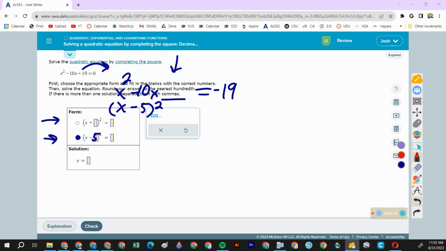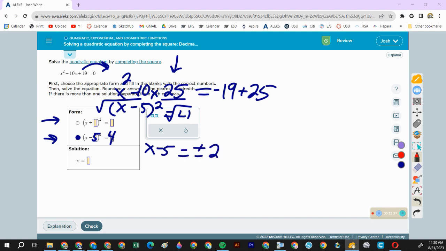And what would go here? 25. And if that's a 25, then I need a 25 over here, which gives me a 4. And now I can solve. Square root: x minus 5 equals plus or minus 2. Add the 5. X equals 7 and 3.